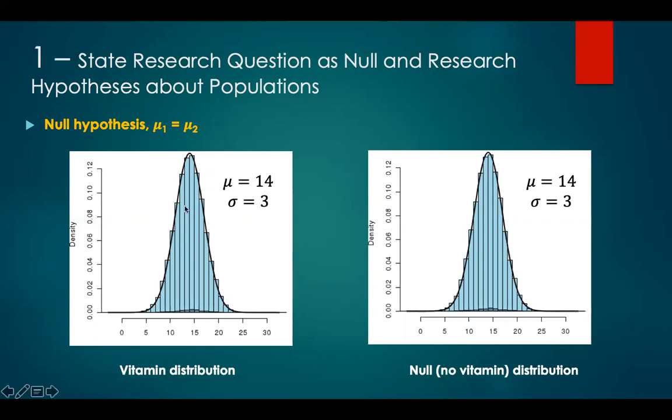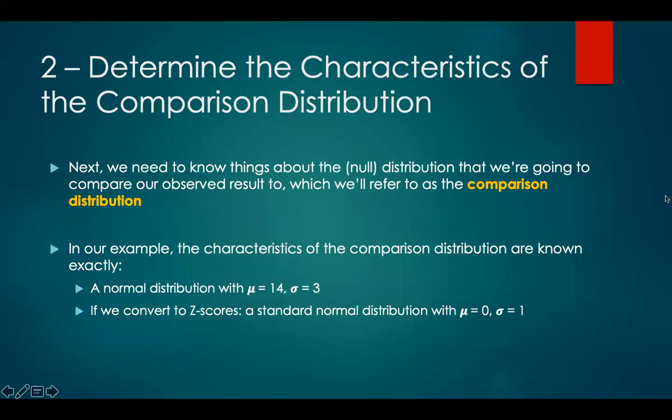So this vitamin distribution under the null hypothesis would have a mean of 14, as would the null distribution. So the null hypothesis is that when babies receive the vitamin, their distribution looks exactly the same as babies who did not receive the vitamin.